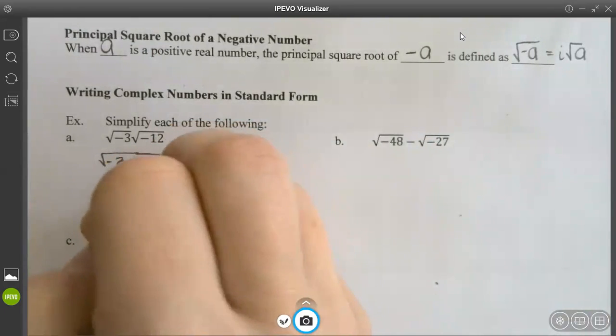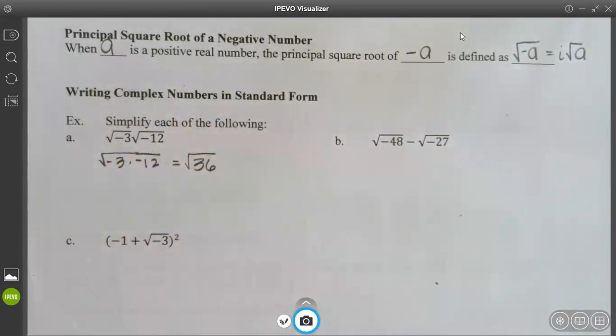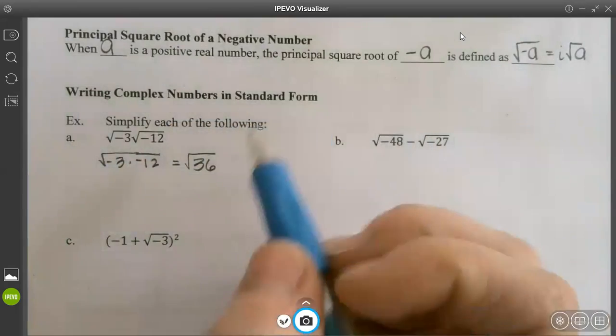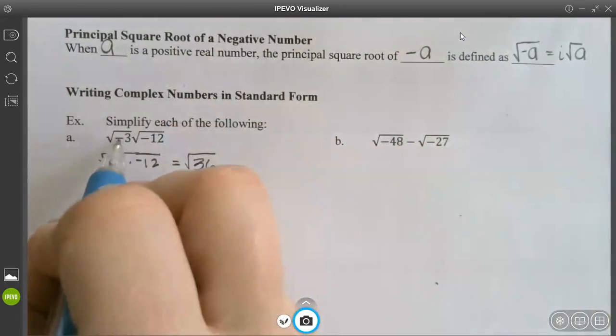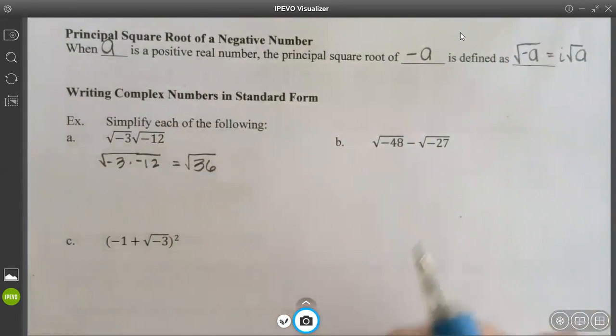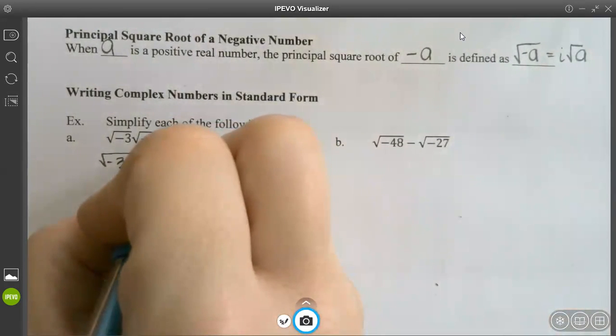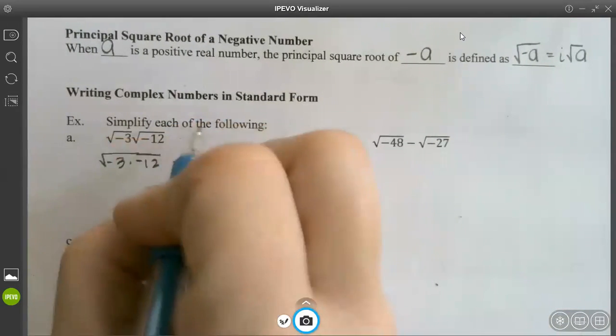Okay, so we have to be careful about this. So it gives you the square root of 36. But when I multiply these, I want to look at this one more time. How do I fix these? Because I can't really do that. Take out the I, right?